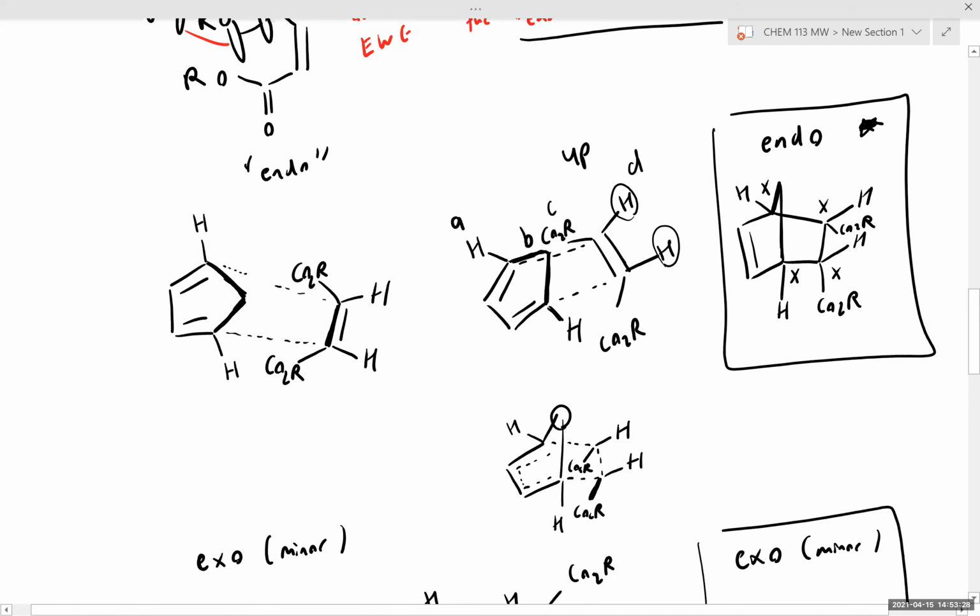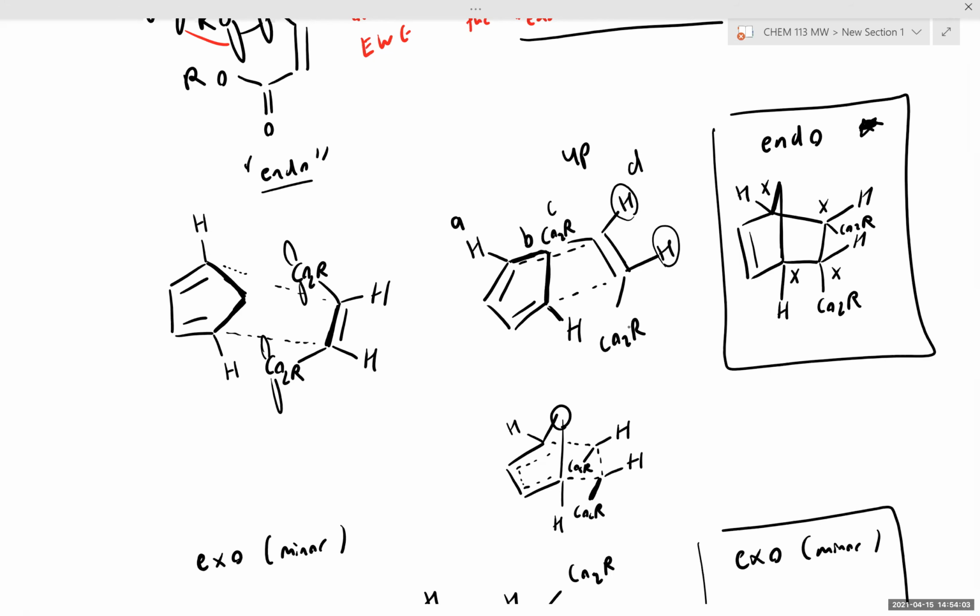So in this case, when we think about the endo approach, as we talked about previously, your diene wants to approach in a way to maximize these secondary orbital interactions with your dienophile substituents. So as a result, your cyclopentadiene will approach from the same side as your electron withdrawing groups on the dienophile.